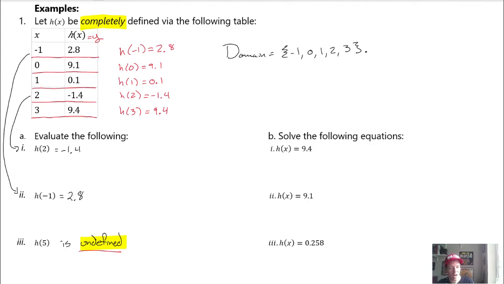So this undefined we use if there's no output for a given function. So use this when a function has no output for a given input.